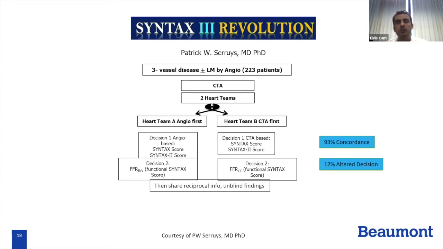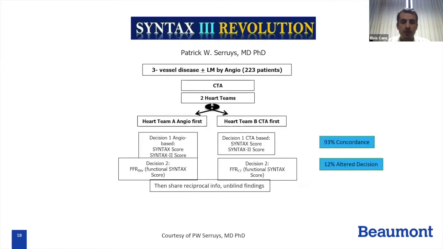And then they reviewed the CT and FFRct, and then they made a decision based on that information. And one team saw the cath data first, and one team saw the CT data first. So essentially, between the two teams, there was a 93% concordance, meaning they came to the same decision in that this is the vessel that needs to be bypassed, or this patient needs to have a PCI, or this patient needs to have a bypass.